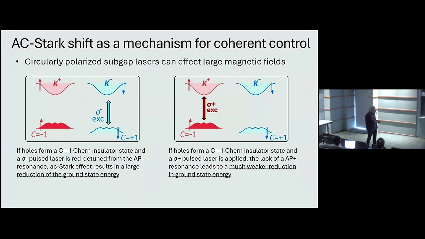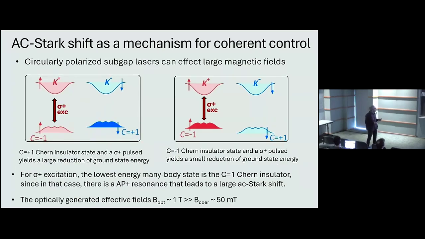Now, if I consider the scenario with the sigma plus, as I said, this energy is shifted below by a small amount, but if my holes were to flip the valley and go all the way to the other Chern band, then they can lower their energy. So the balance between the single particle states is now broken by the circularly polarized AC Stark shift.